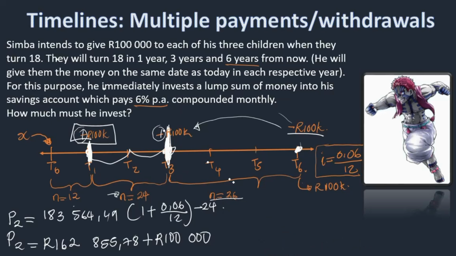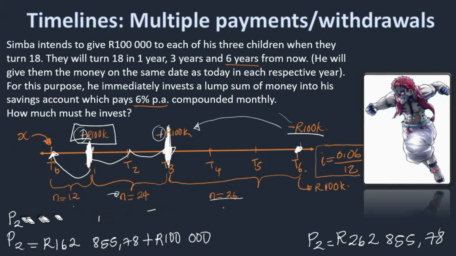So which means my P2 now, if I add 100K here, I'll be having 262,855.78. That's my P2, right? I'm here now, which means I'm only left with this final step of counting backwards again.